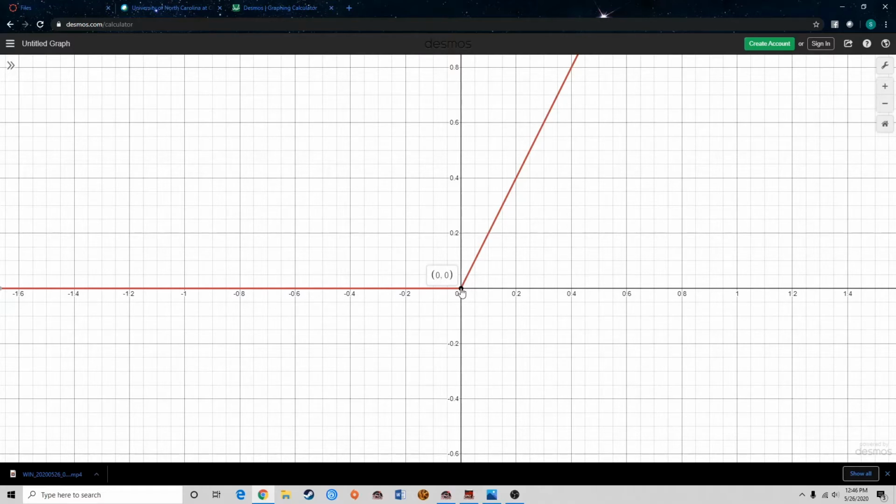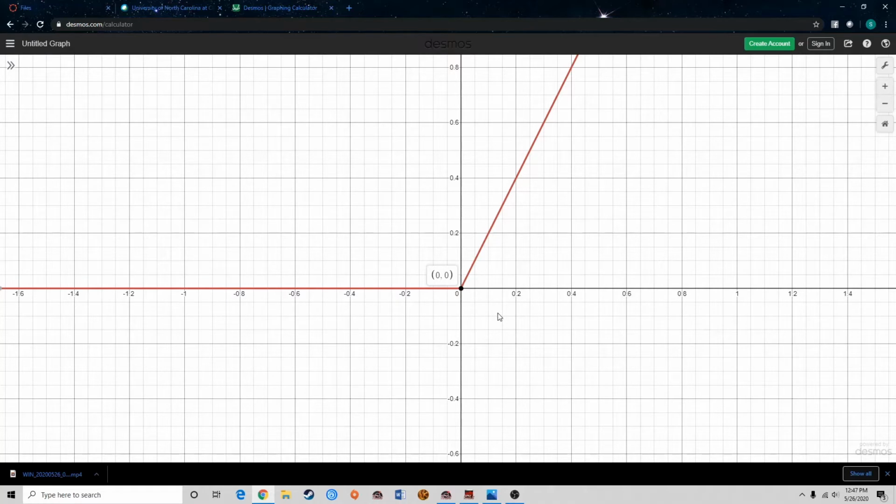But for x greater than 0, we have this y equals 2x line take over. And so for x greater than or equal to 0, we have this on the right side. However, here on the left, when we're dealing with x that is negative, x that is less than 0, then we have the horizontal line y equals 0 take over. And this holds true for any x that is negative.